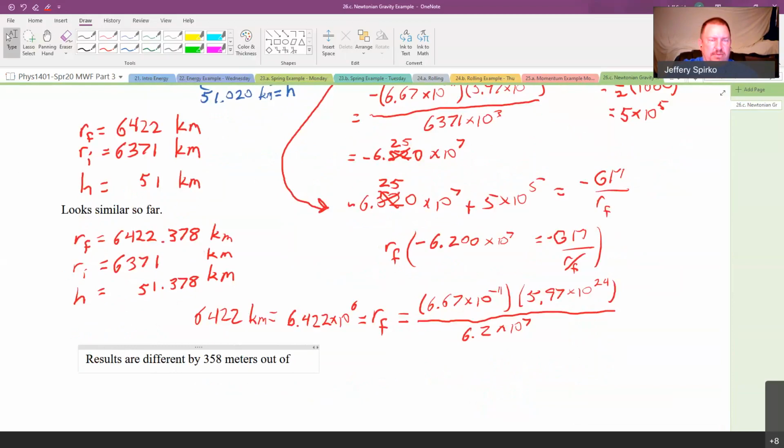They're different by about 358 meters out of 51,000 meters, which is a little bit under 1% error.